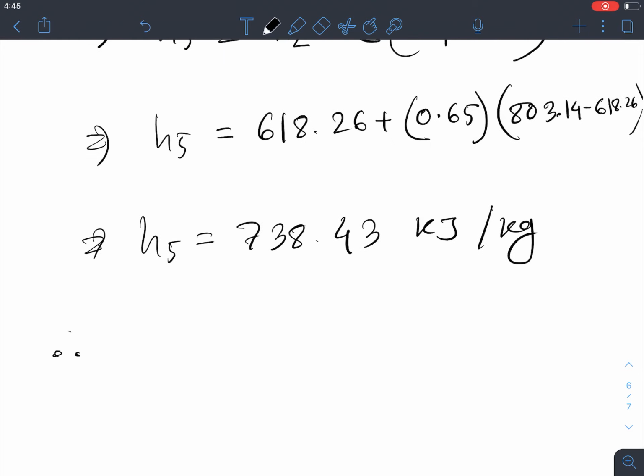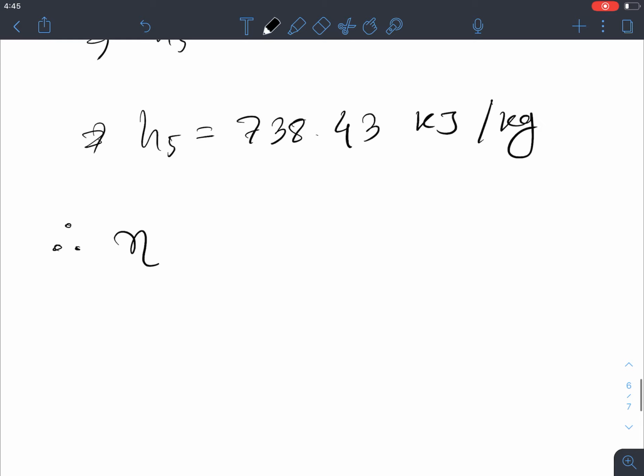If we solve this, H5 will become 738.43 kilojoule per kg, right?